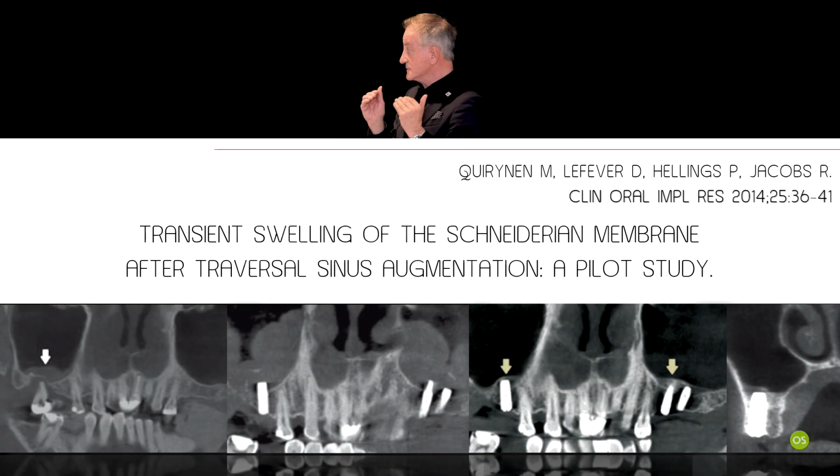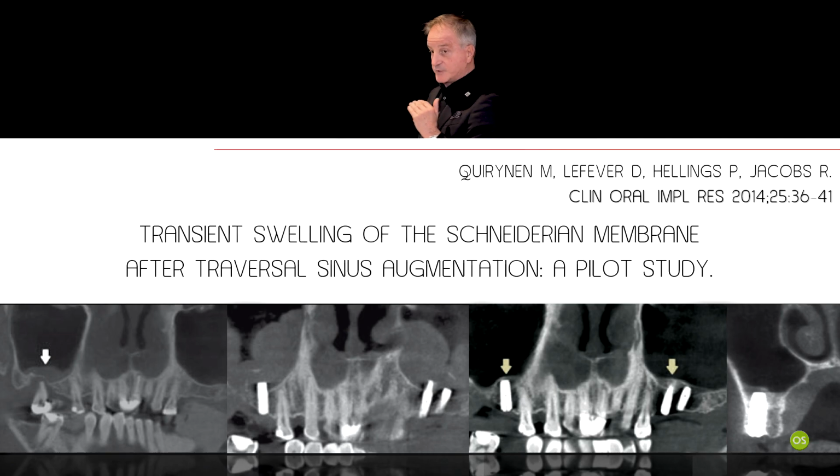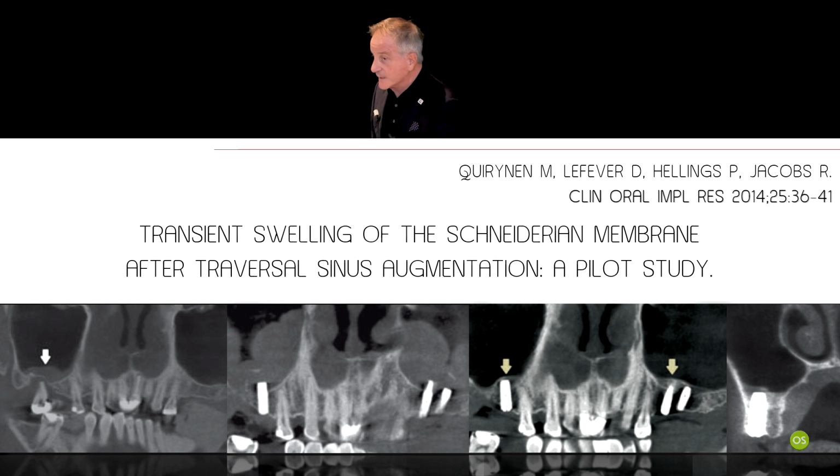This problem can be even in a transcrestal approach, crestal approach, published by Kirinen, Marke Kirinen from Leuven, showing you the same. Look at the opacification after a crestal approach. You wait and everything will be solved.